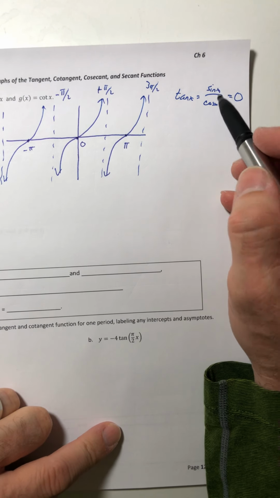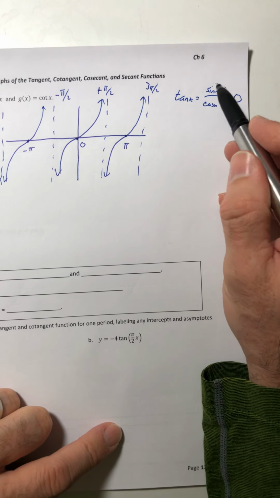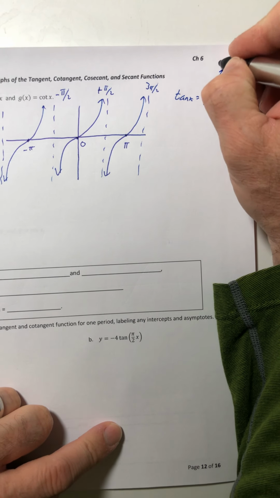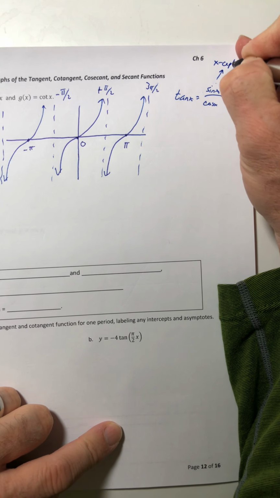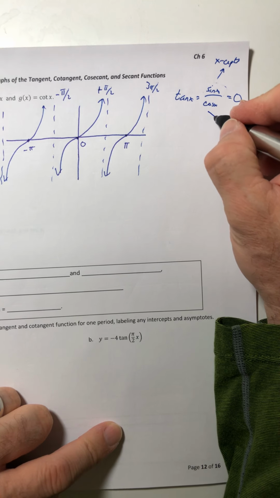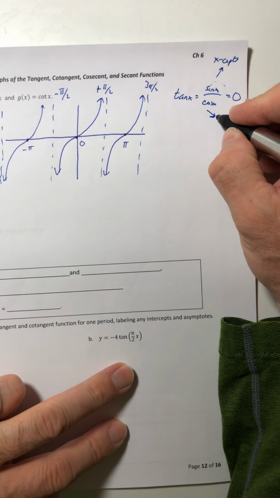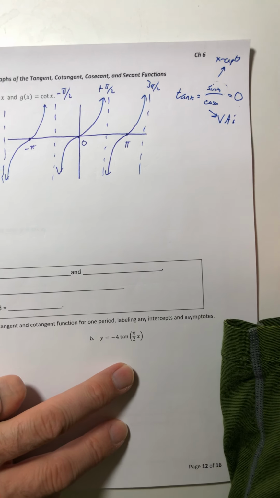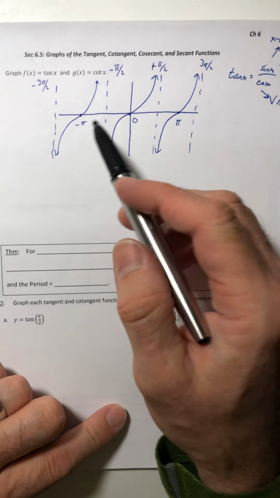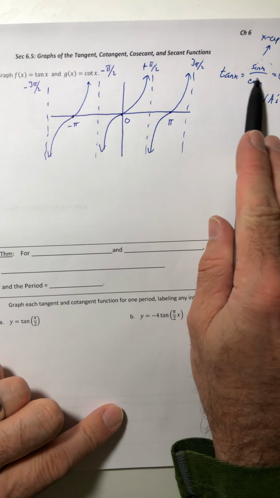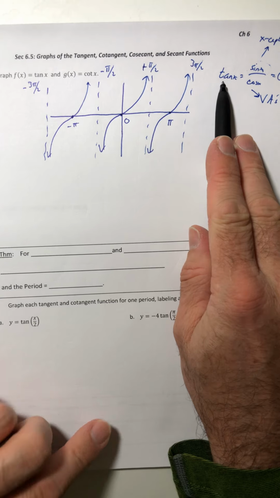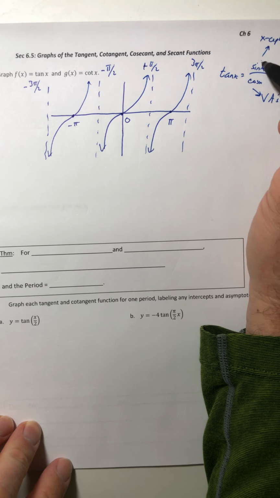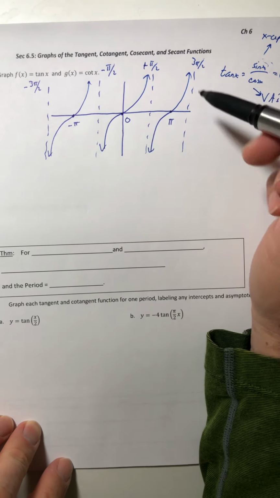Because it's a fraction, the numerator gives you the intercepts, but the denominator gives you your vertical asymptotes. So that's why they are where they are. The intercepts of cosine are the vertical asymptotes of tangent, and the intercepts of sine are still the intercepts of tangent.